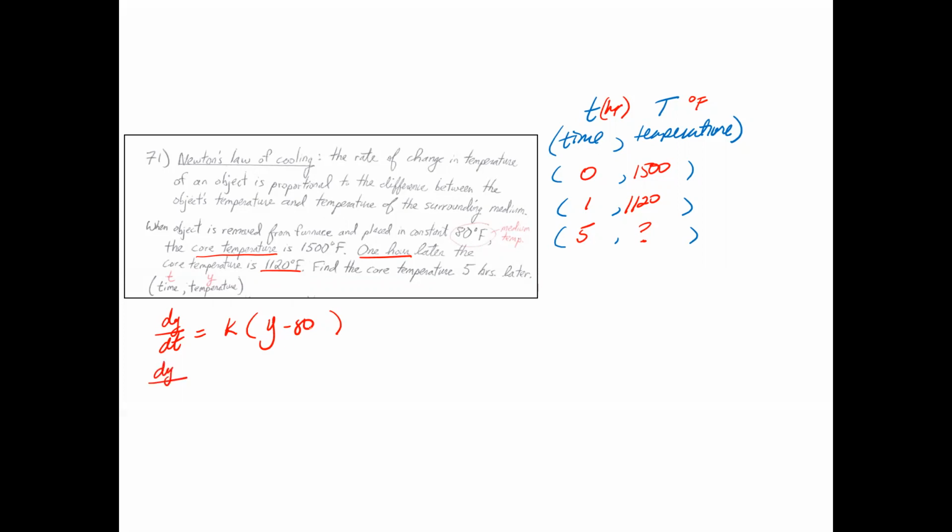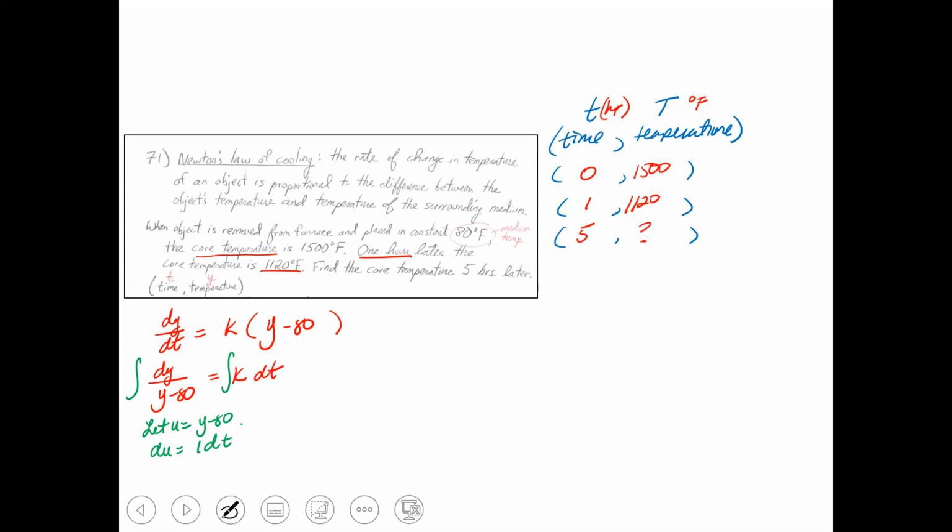Dividing by the y minus 80 on both sides, y minus 80 is on the left, multiplied by dy, and k times dt is on the right. Then let's go ahead and integrate this. Remember, you're going to have to use a u substitution. So let u be y minus 80. du is just going to be dy.